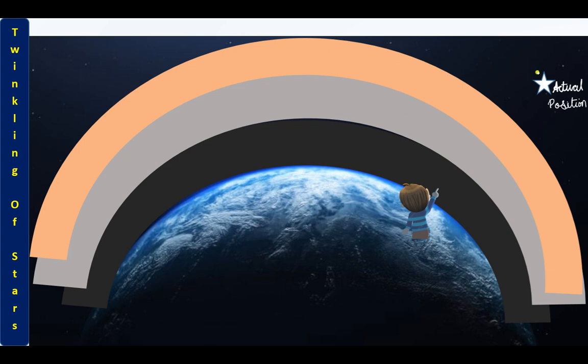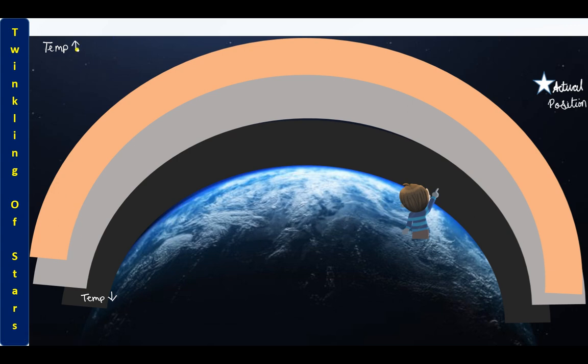So definitely the atmosphere or the region that is surrounding the stars has higher temperature, and as you move down, this temperature decreases. So here the temperature will be more near the sun and star, and on the surface of the earth the temperature will be less.